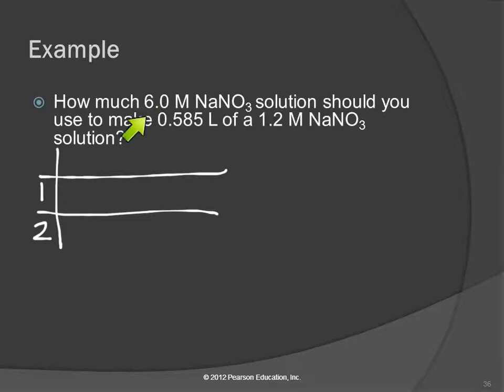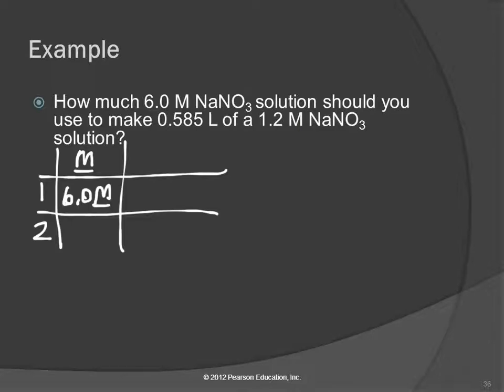So let's make a table here to help us organize, 1 and 2. First number we come to, 6.0 molar. Is that a molarity or a volume? Molarity. That's kind of a giveaway because it's got an M on it, right? How much should you use to make 0.585 liters of a 1.2 molar solution? Do you see these 2 numbers are tied together in the sentence? We don't want to take this volume and stick it up here. This one goes with that one.